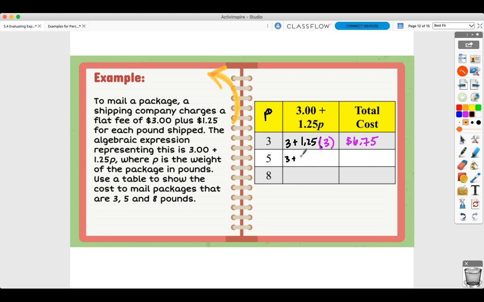Next, 3 plus 1.25 times 5 is 6.25, and 6.25 plus 3 is $9.25. And last one, 3 plus 1.25 times 8. And 1.25 times 8 is 10. This is 10 plus 3, which gives you $13.